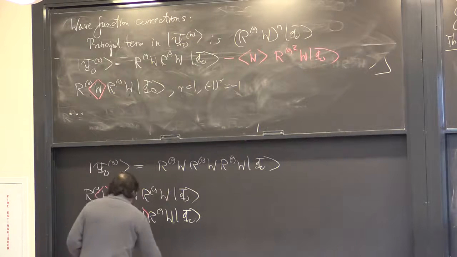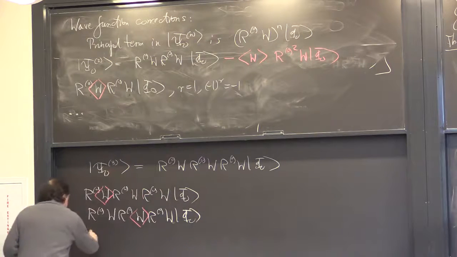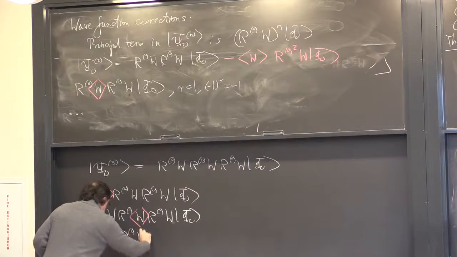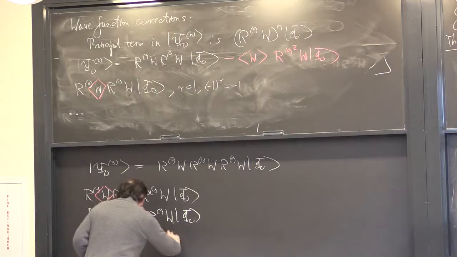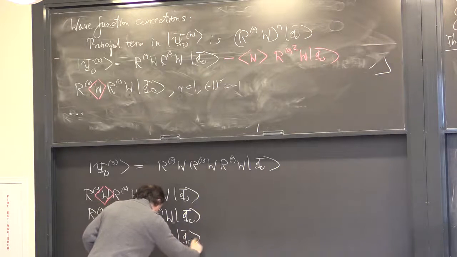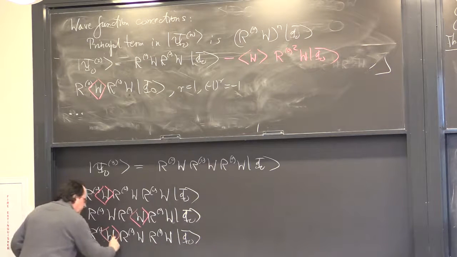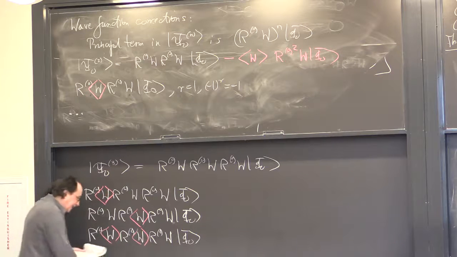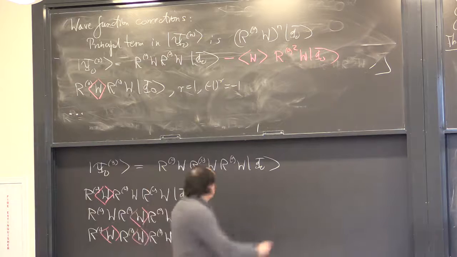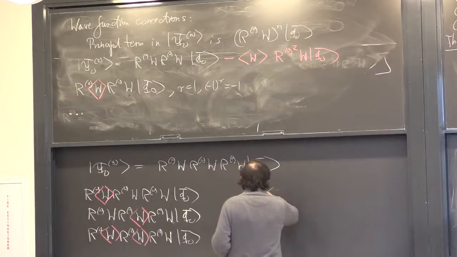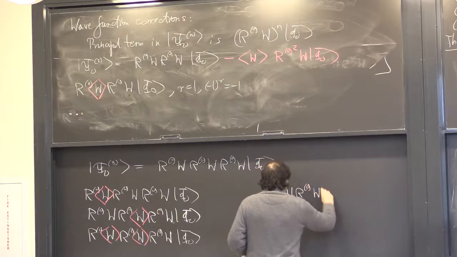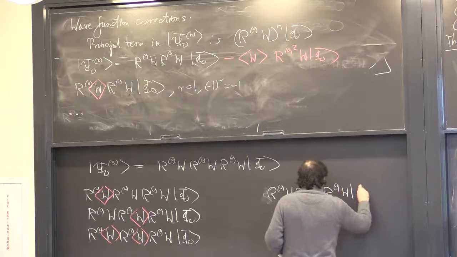But then I can of course do more, because I can also surround two single W's with brackets, this one and that one. Then I can make an attempt to surround more W's.